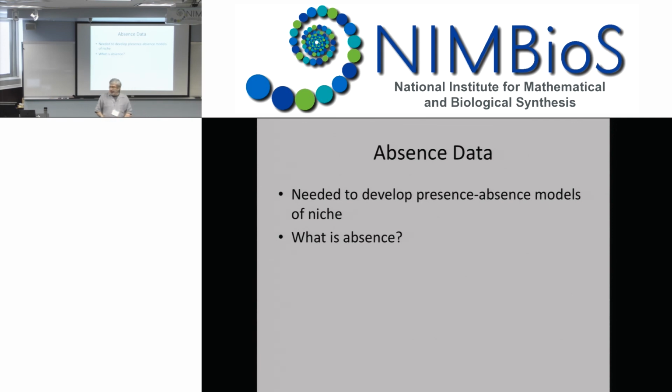So we basically know that some of those pseudo-absences are really undetected presences. Of course, we do have to talk about presence of what, right? Presence of the species or presence of the suitable conditions. Essentially, presence of the niche, which is really the appropriate definition of presence for this, or absence.